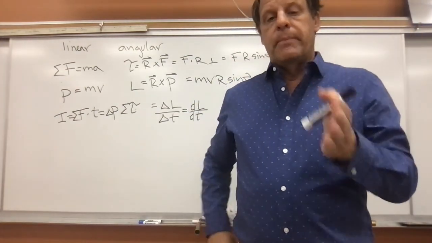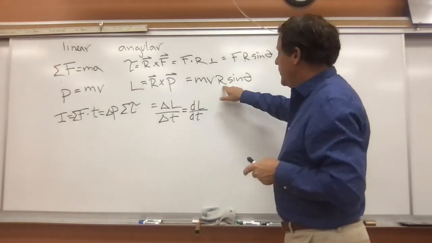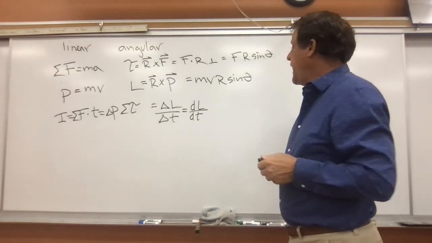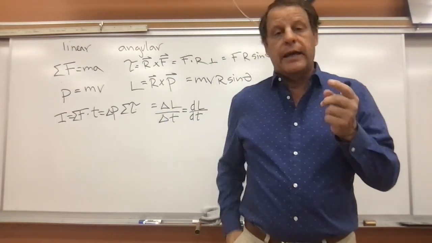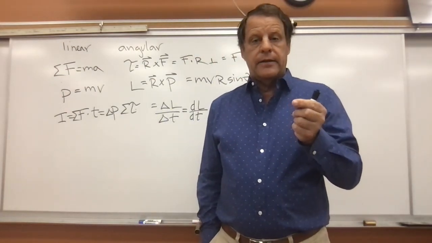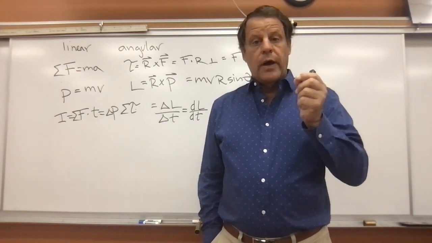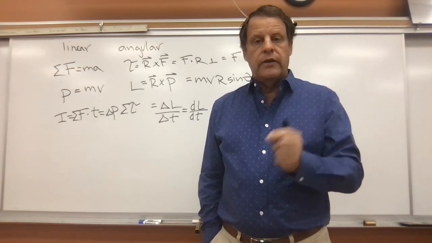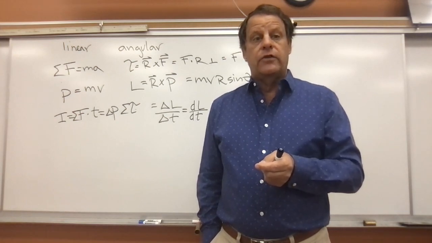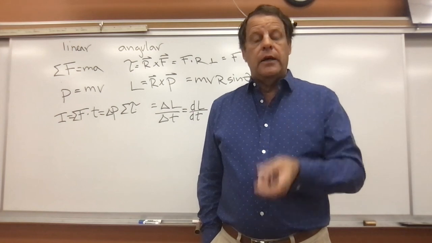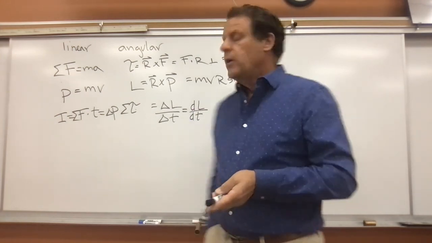Okay, so let's talk about this thing right here, because at mvr sine theta, it's not really that obvious that if you have an object going in a straight line, it is going to have a constant momentum as long as the velocity stays the same, which seems weird.